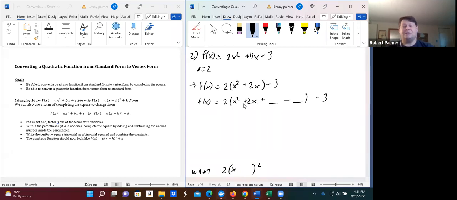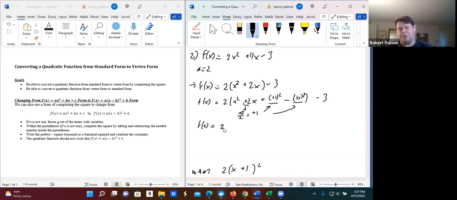Now, at this point, the process is the same. We take this number right here, which is plus 2, divide it by 2 is equal to plus 1, and that's what we put right here, and here squared. So it's plus 1 squared. And now we know this is also going to be a minus 1 right here. Okay, so continuing, let's see what we have next.